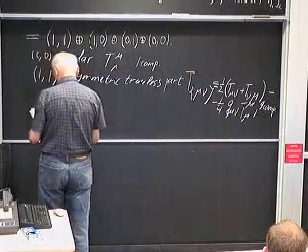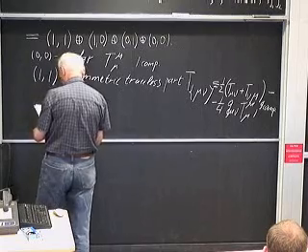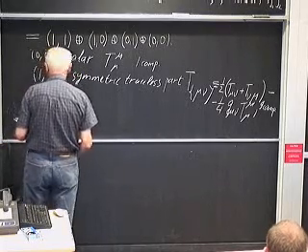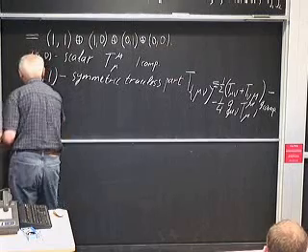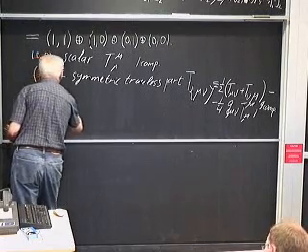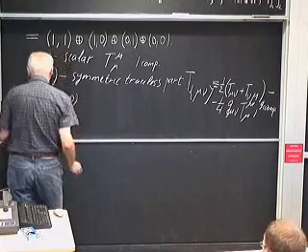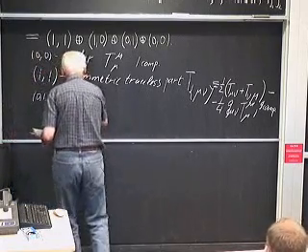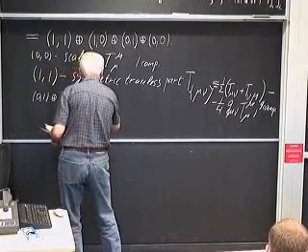And also we have 2 others, 0, 1, 1, 0. And this guy corresponds to the anti-symmetric part.